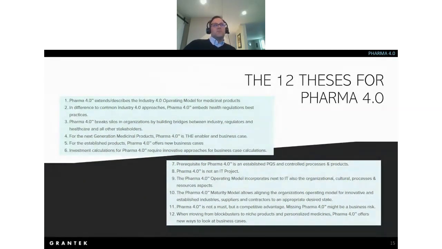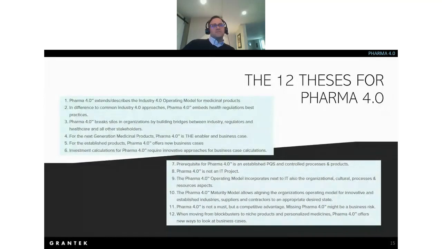Pharma 4.0 breaks down silos in organizations by building bridges between the industry, the regulators, and all the other stakeholders, including the patient. For next generation medicinal products, Pharma 4.0 is the enabler and business case. For established products, Pharma 4.0 offers new business cases. Investment calculations for Pharma 4.0 require innovative approaches for ROI and cost justification.